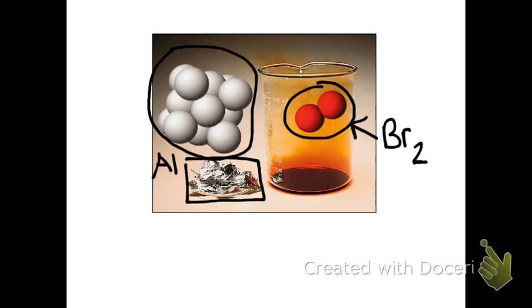Elemental bromine is more or less a liquid at room temperature, and it has this yellowish orange look to it, and it easily becomes a gas at room temperature, as you can see in this beaker. So again, we can visualize and see elements with our eyes as far as what they would look like on a big scale, but as far as what an actual element looks like, we cannot see with our eyes, so we make models and draw models of them.